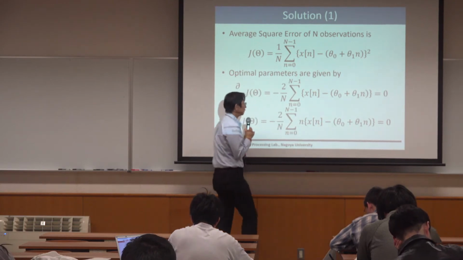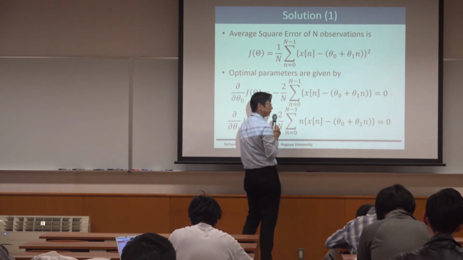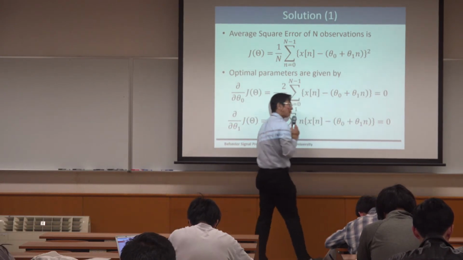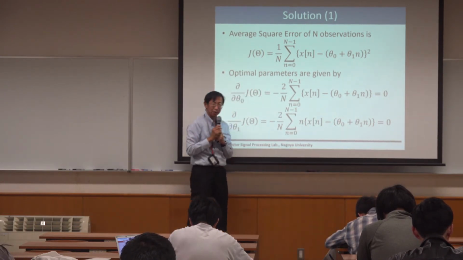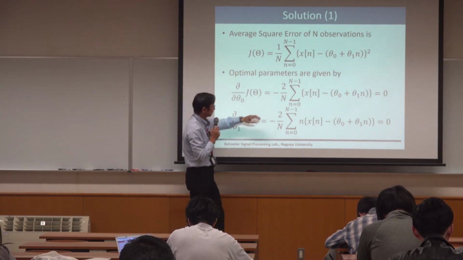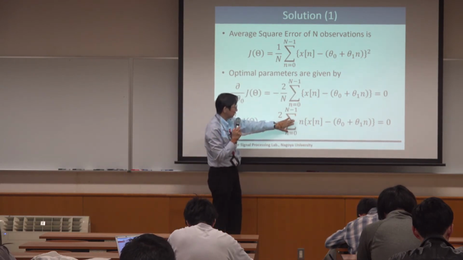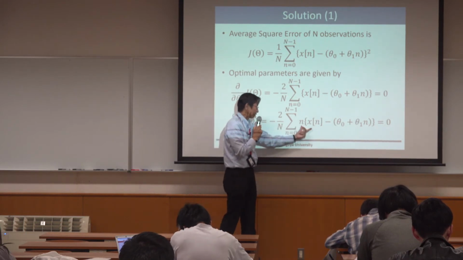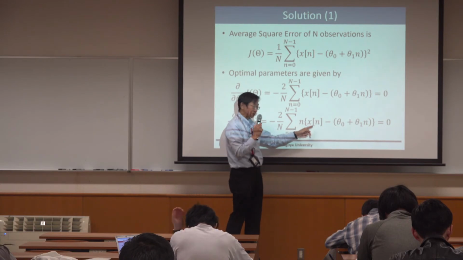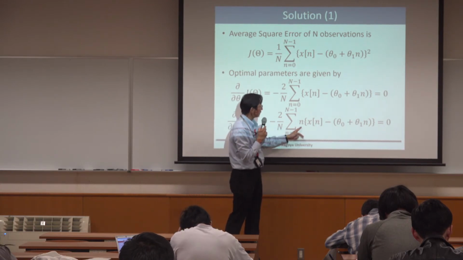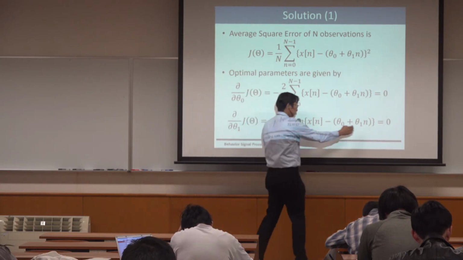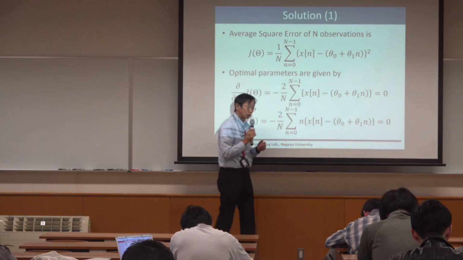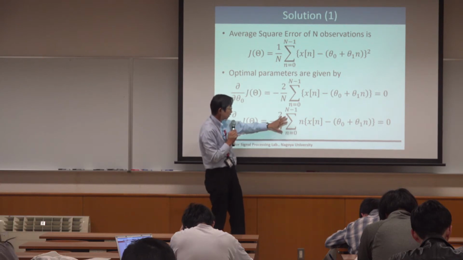But don't worry, because the sum of xn and also the sum of n are the only things we have to care about in this summation. In this case, you also need to calculate the sum of the product of n and xn. This is different from this. And here also there is n squared, so you also need to calculate the sum of n squared.